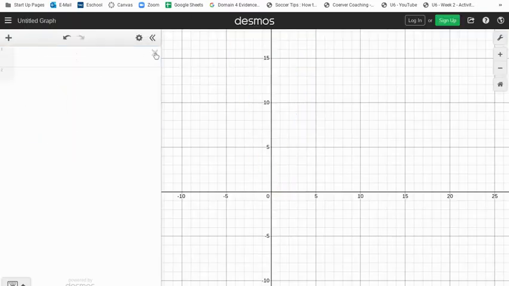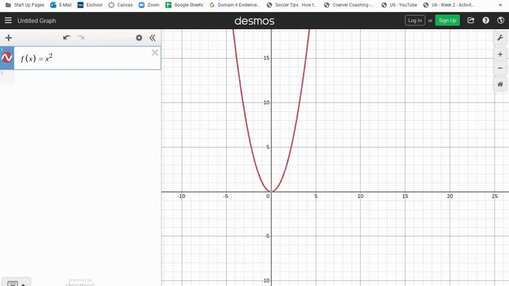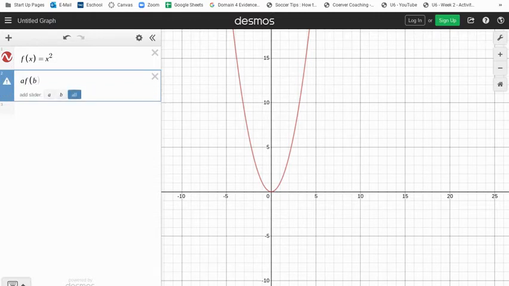So if we do f of x is equal to x squared, which is our parent function, and then if we want to adjust our values, we can say A f of b x plus c and then plus d.